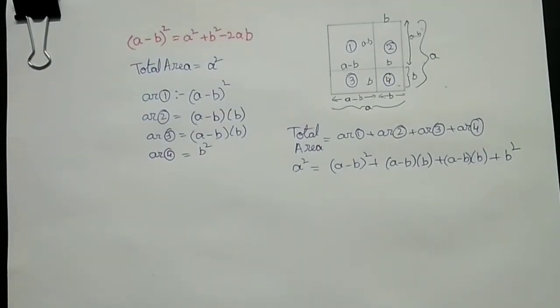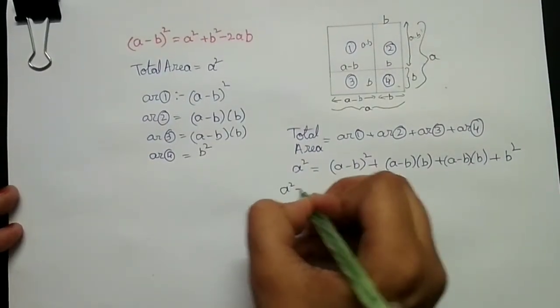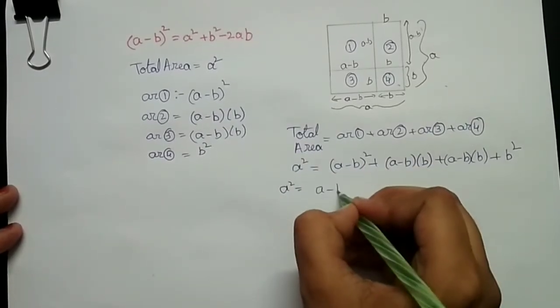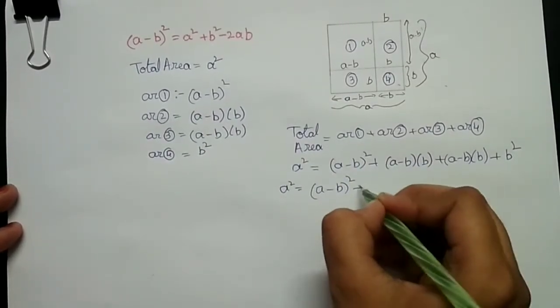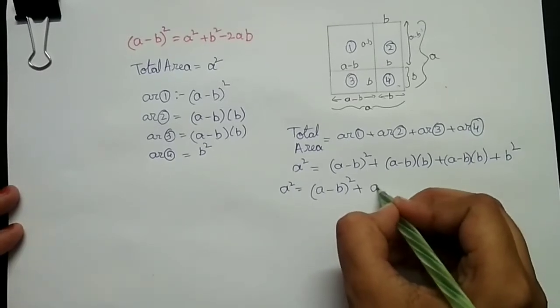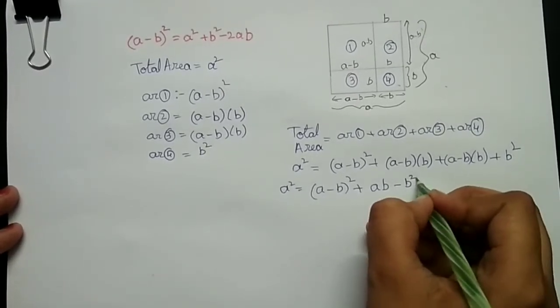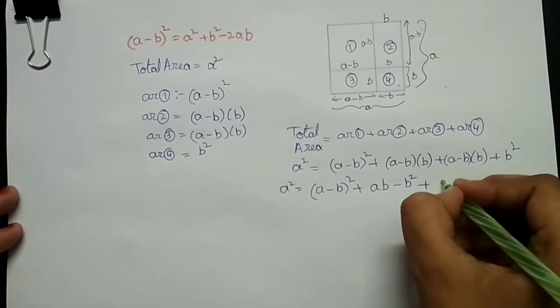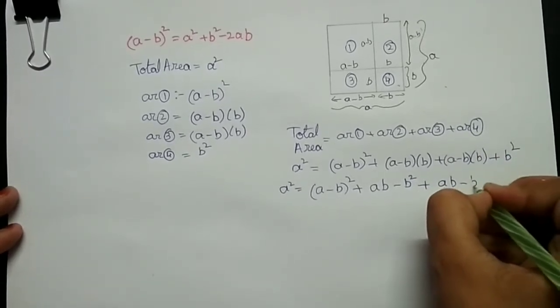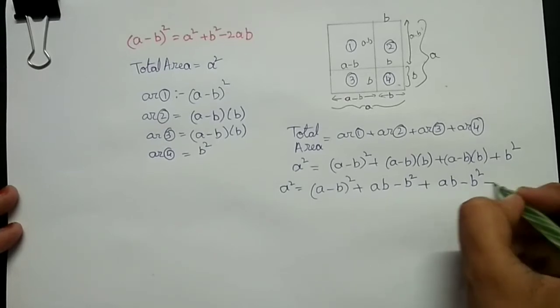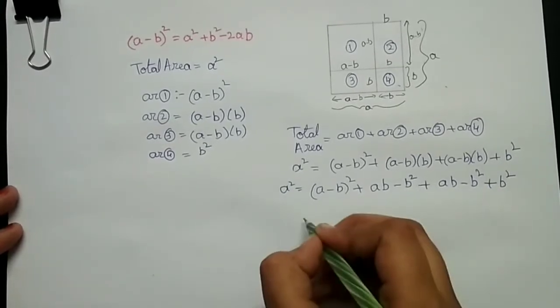Now let's solve this. A square equals (A minus B) whole square plus, by the distributive property, AB minus B square, plus AB minus B square, plus B square.